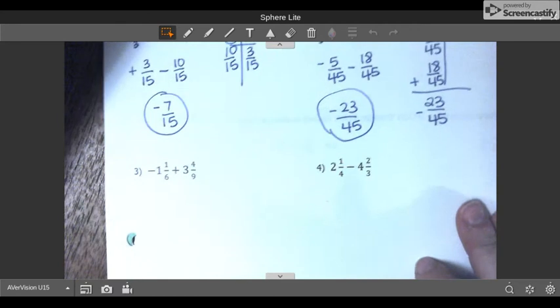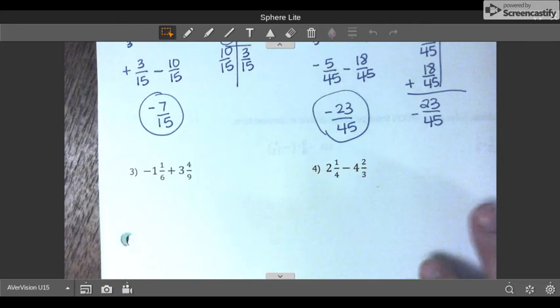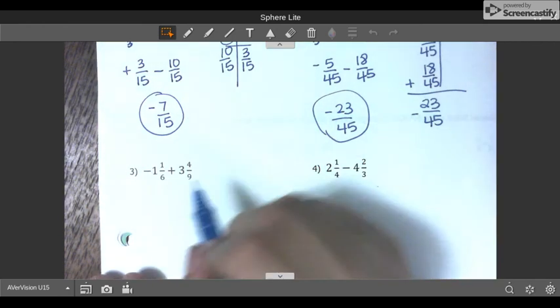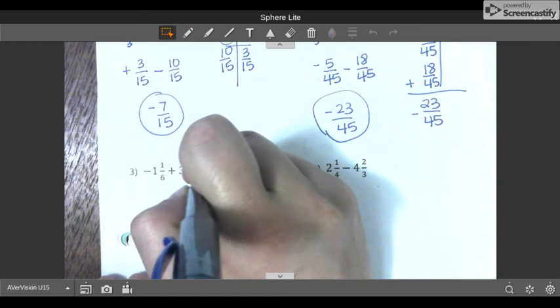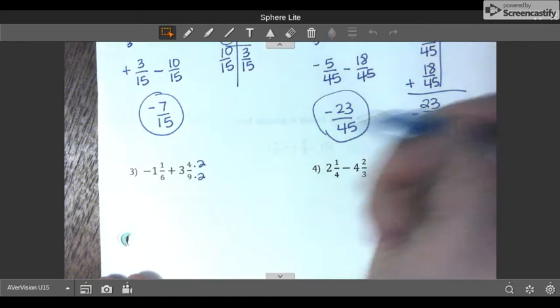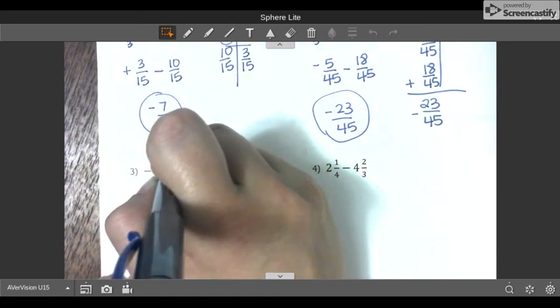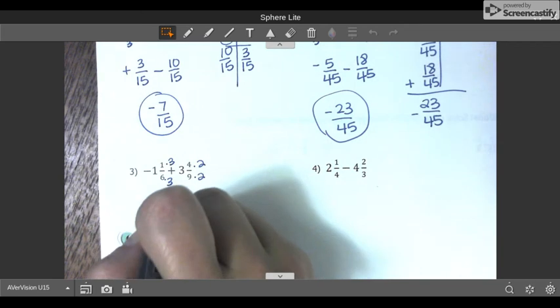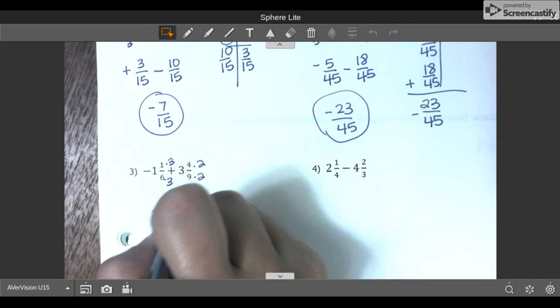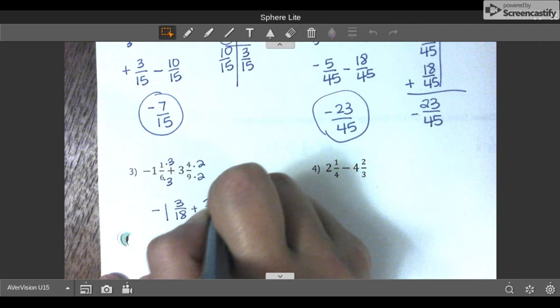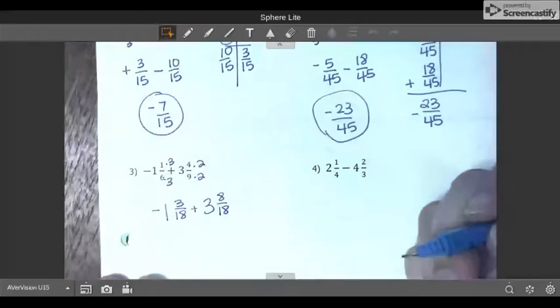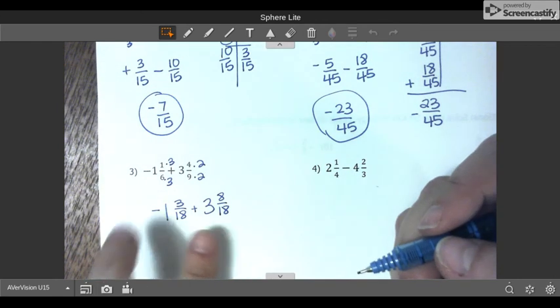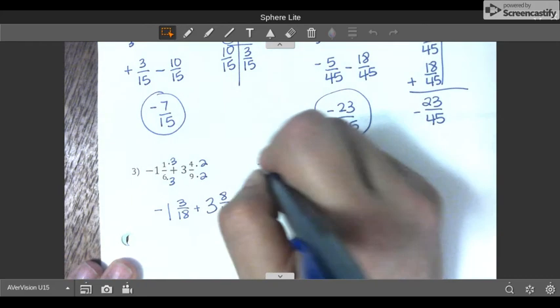All right, with this next one, these are mixed numbers, and there's a negative, and they don't have common denominators yet. So what I'm going to do is make a common denominator of 18. So I'm going to multiply this by 2, multiply this by 2, multiply this by 3, multiply this by 3. So I have negative 1 and 3/18 plus 3 and 8/18. Now that they have a common denominator, there's no double signs, I'll make a scoreboard.